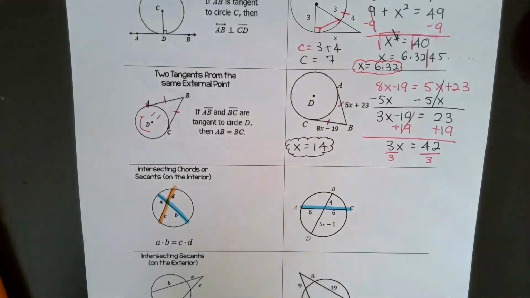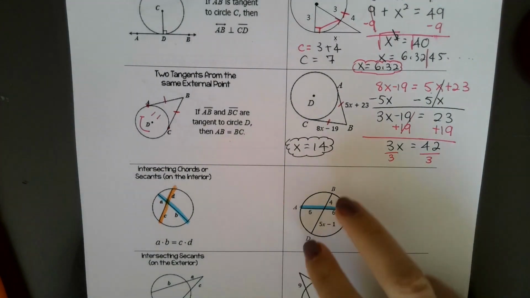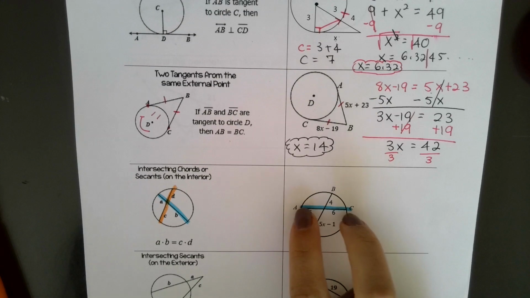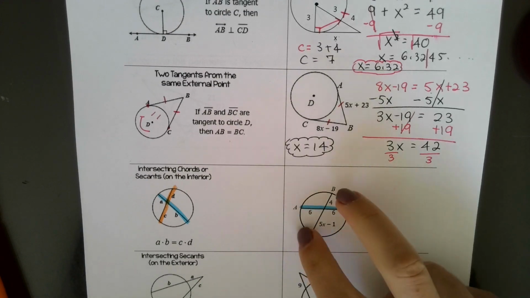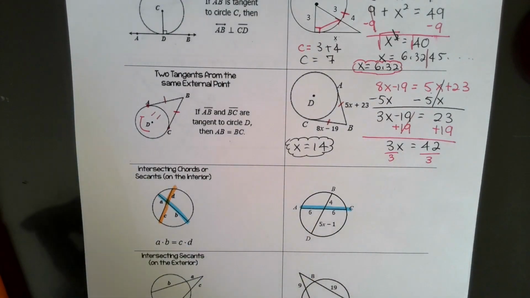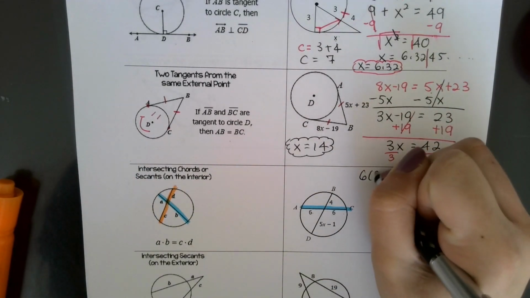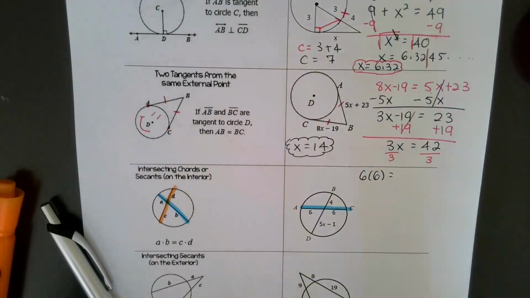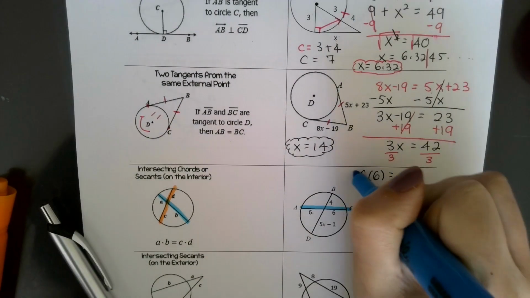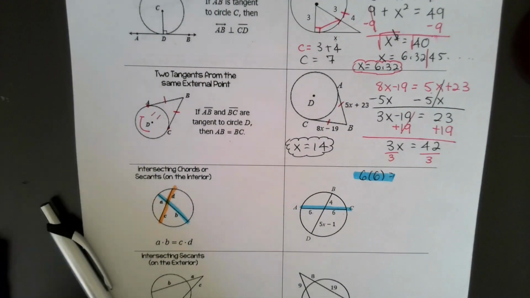It doesn't matter which chord you start off with, but I know these are chords intersecting. The endpoints lie on the circle, and we have the X shape. So basically, I'm going to do, okay, so this segment is 6 times 6. That's going to equal the other segment being multiplied because it's an X shape.